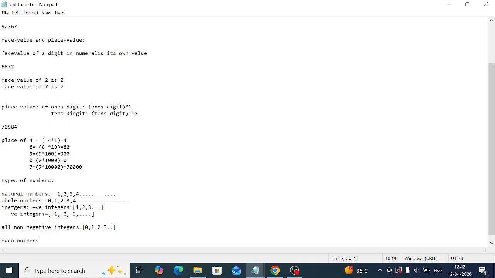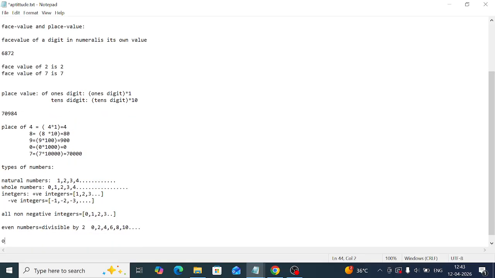Even numbers in the sense, tell me, which is divisible by 2 is called an even number. What are the even numbers? 0, 2, 4, 6, 8, 10 and so on. Next, odd numbers. Odd numbers means what?